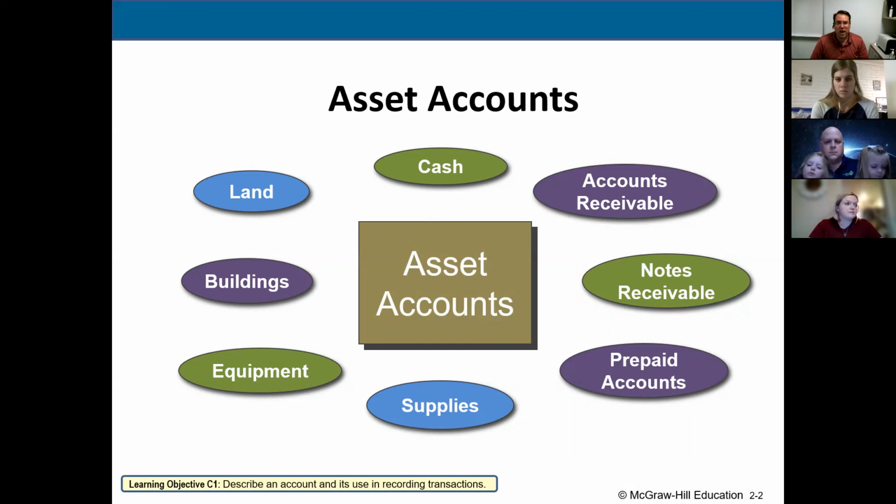So we're paying in advance, and that creates an asset, because we are owed the use of that insurance for the next 6 months or however we prepay it. And then things like supplies, equipment, buildings, land, those are a little more obvious. So those are asset accounts.